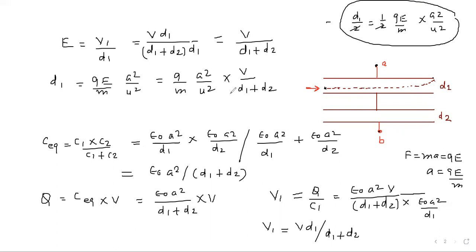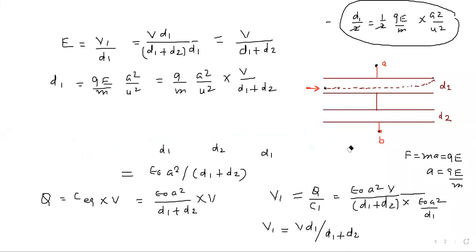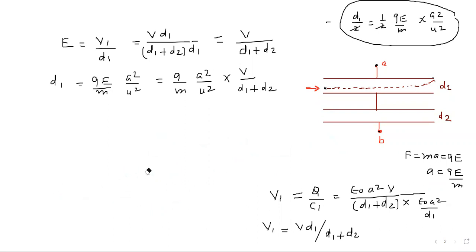Now, we separate U square because our purpose is to find the speed U. So it will become U square equals Q times A square V divided by m times D1 times D1 plus D2.